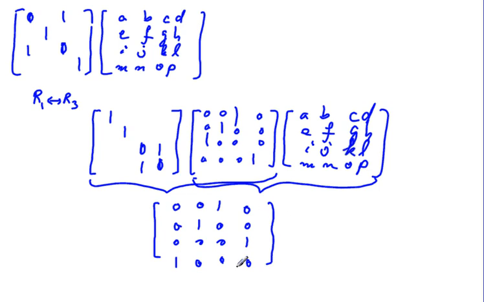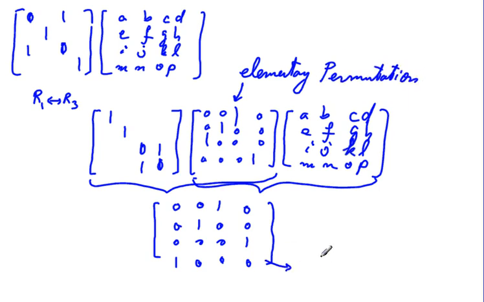Okay? Now this is no longer an elementary permutation matrix. That is not the result of exchanging just 2 rows. Rather, it's the result of 2 such things. So each of these things is called an elementary permutation. This is the so-called general permutation matrix.